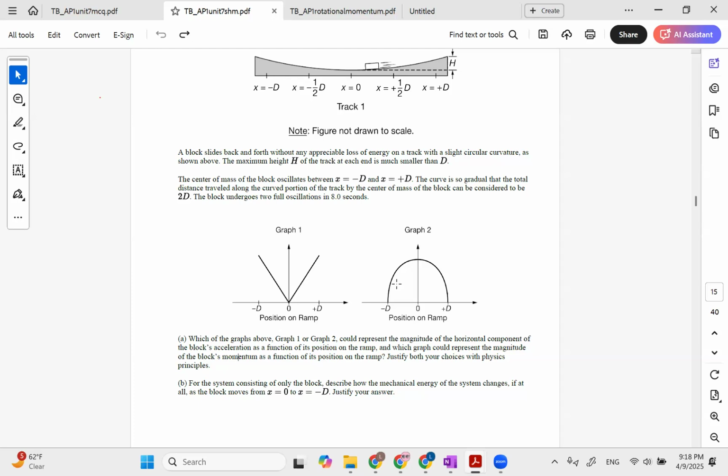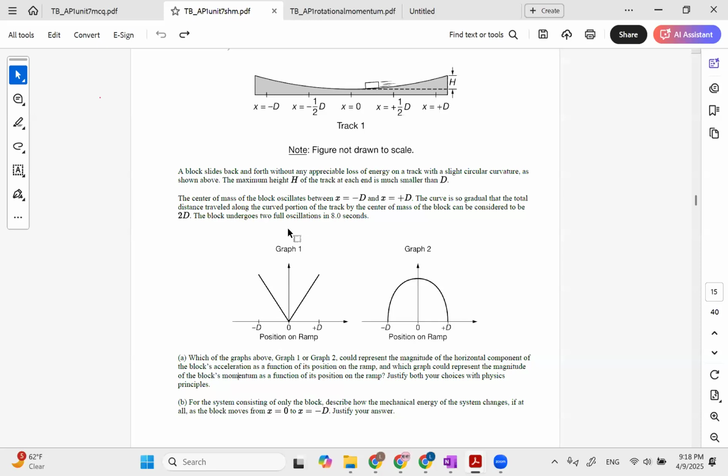Why doesn't it have momentum? What does momentum depend on? Mass and velocity. Yeah, if you don't have momentum, why? Is it because it doesn't move? It doesn't have velocity?